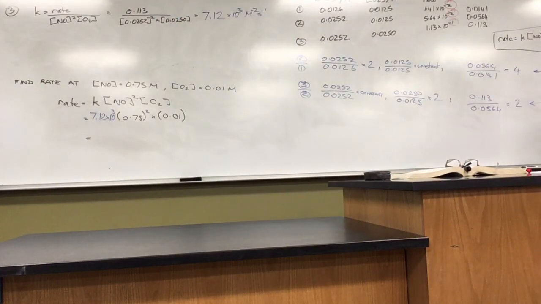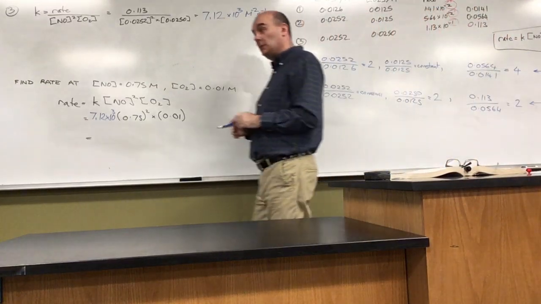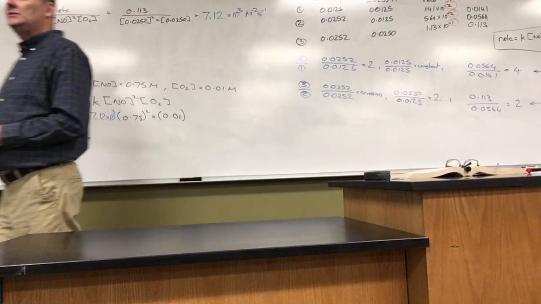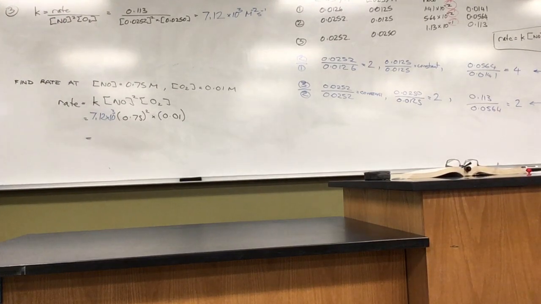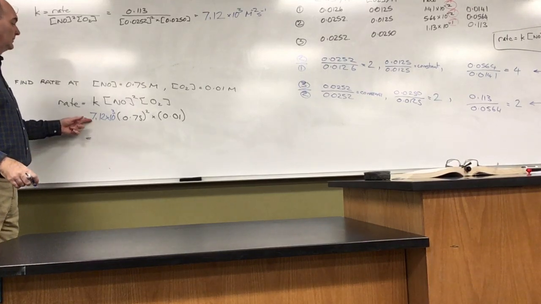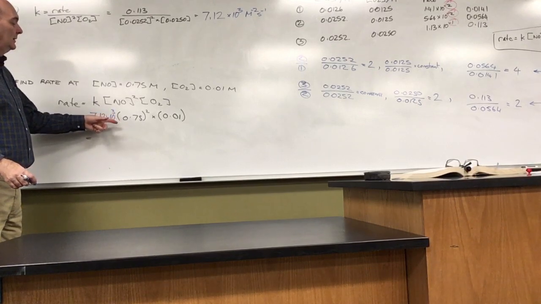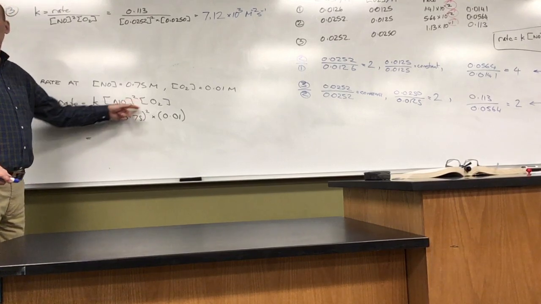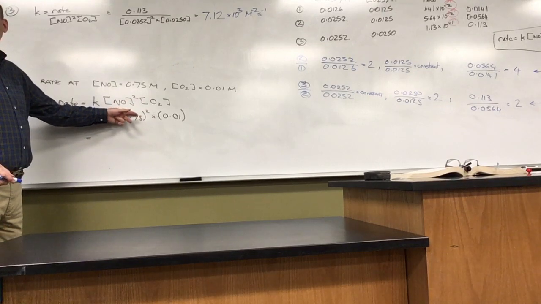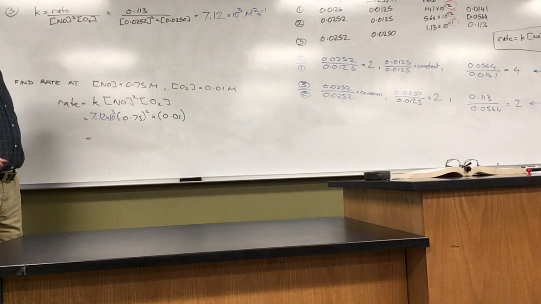Once you find the value of K, you can put it back into the rate law and find values of the rate for experiments that you just dream up in your head. So 7.12 times 10 to the 3 times whatever the square of 0.75 is times 0.01.